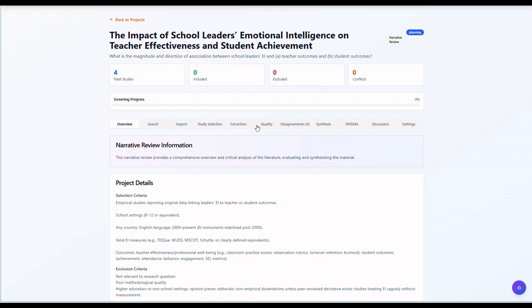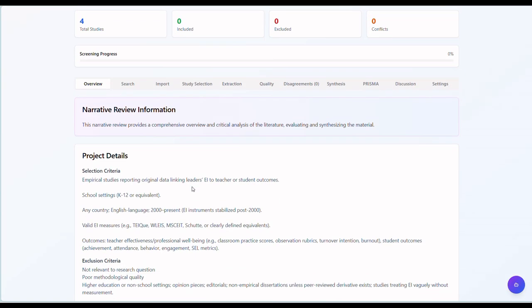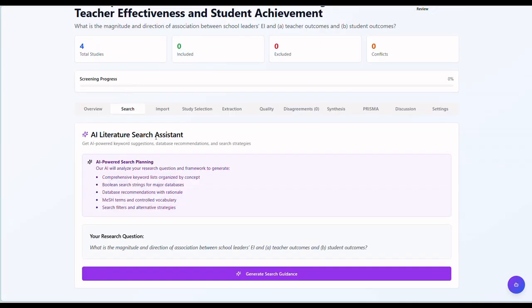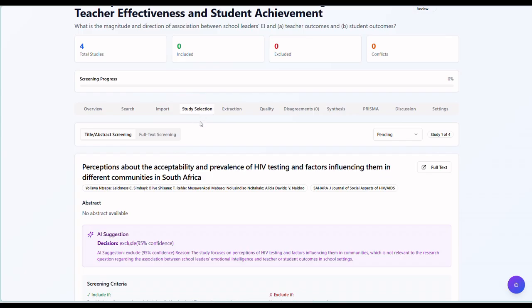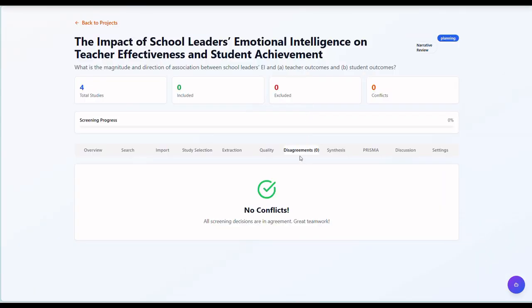On this screen we have the automated way of doing systematic review, where search is the first thing, then import, study selection, extraction, and quality assurance. Disagreement simply means conflict.